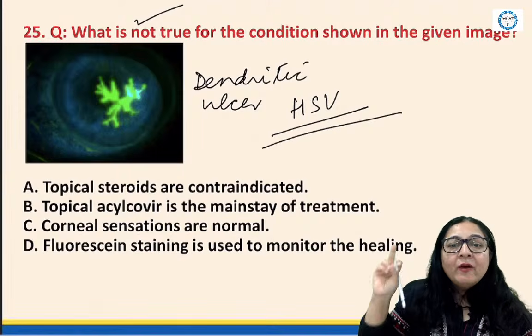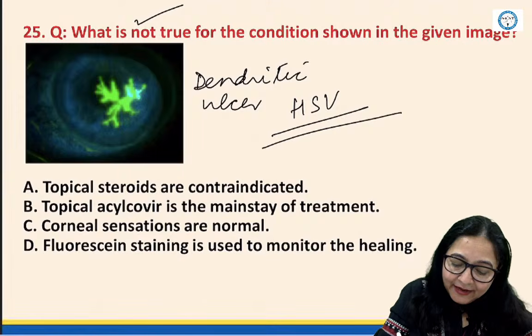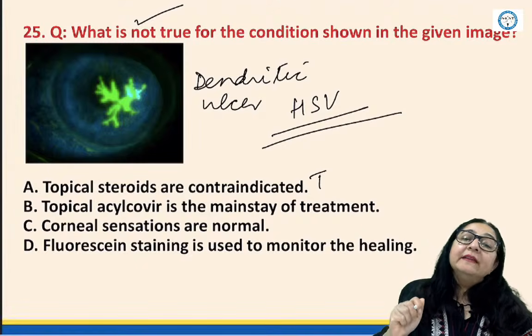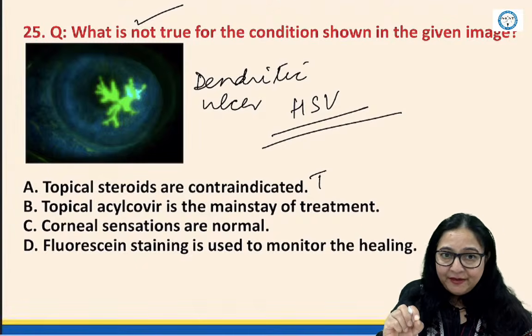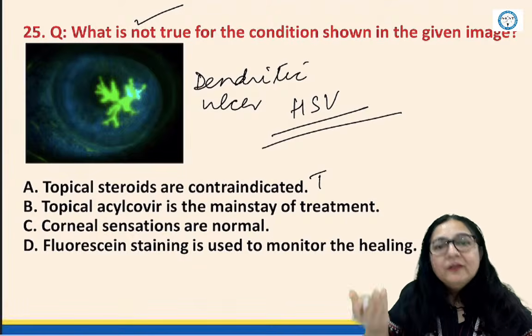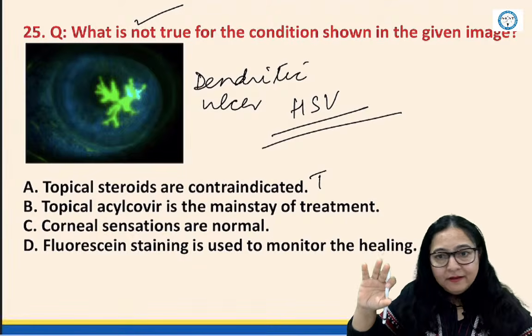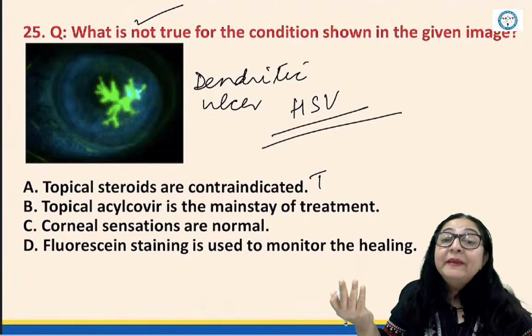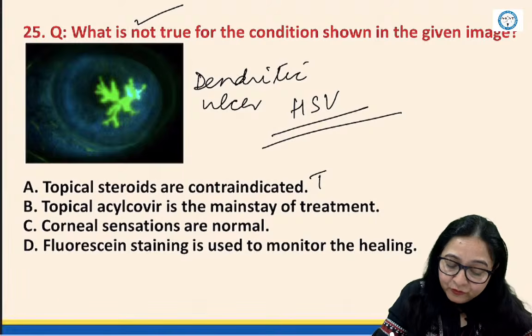So topical steroids are contraindicated in dendritic ulcer. This is true. Topical acyclovir is the mainstay of the treatment. Acyclovir is antiviral, and dendritic ulcer is caused by virus. So topical acyclovir will be the mainstay of the treatment, beta. This is the true statement.